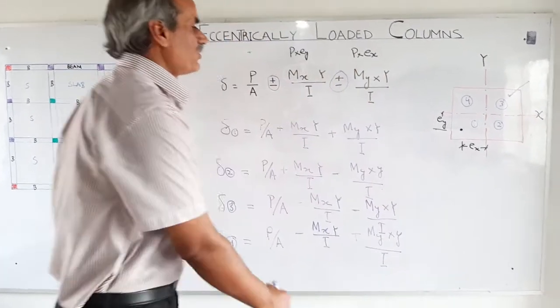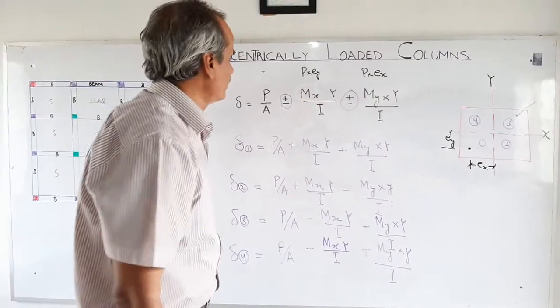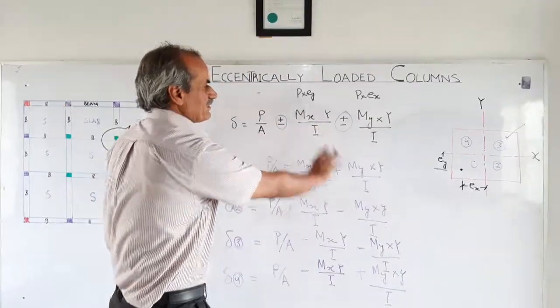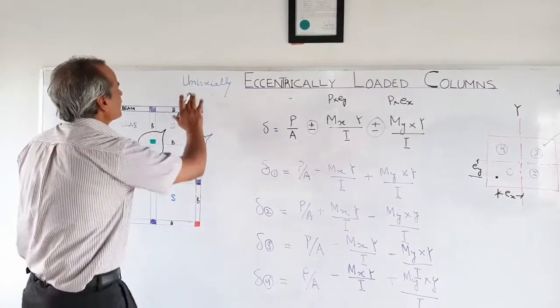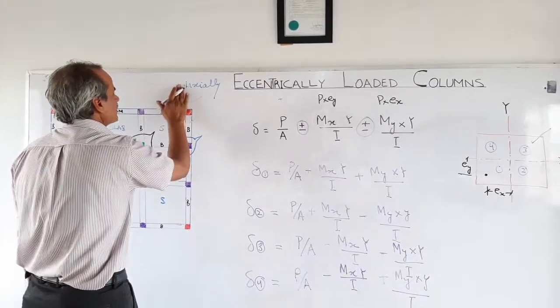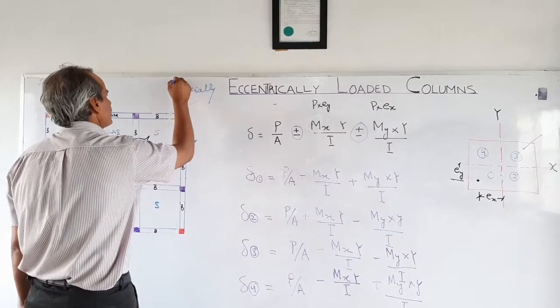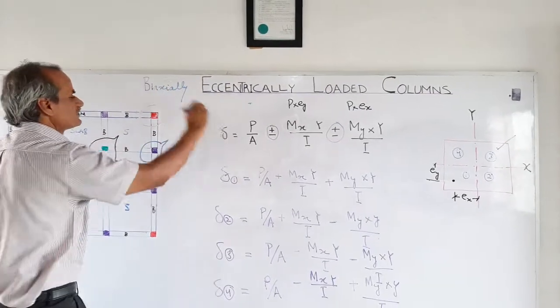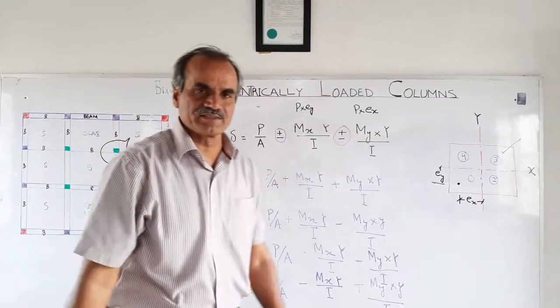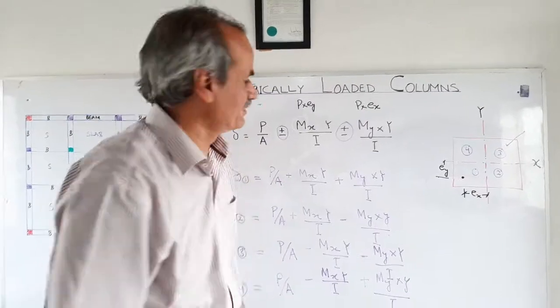So that is how we take care of different signs in case of biaxial eccentricity, because the eccentricity was from both the axes, that is x-axis and y-axis.